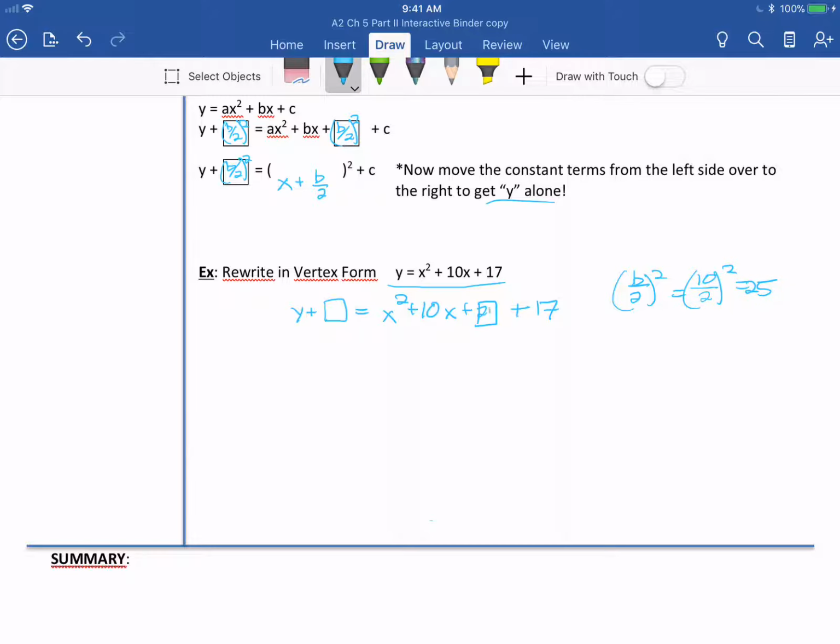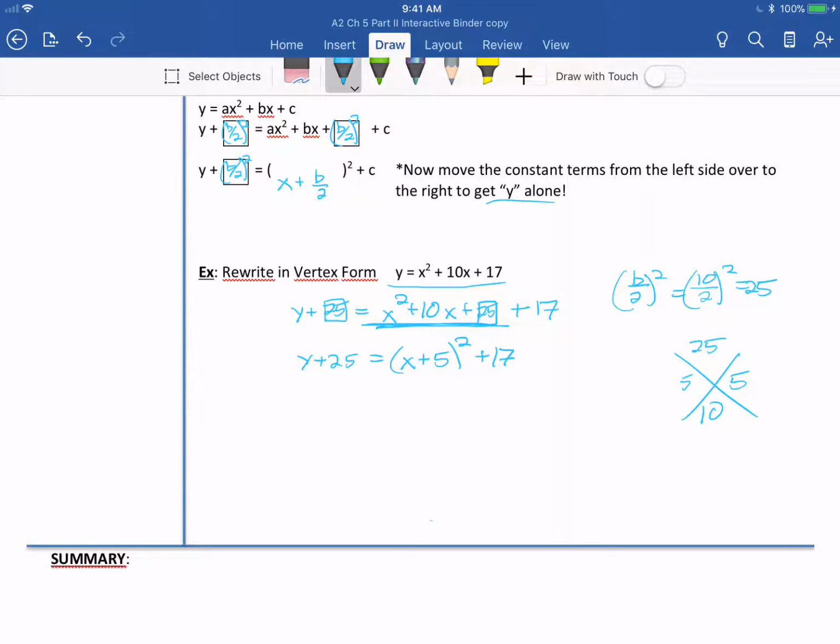So 25 goes into both those boxes. So now I have y plus 25 is equal to, and now I can factor this right here. As I factor that, 25 goes on the top, 10 goes on the bottom. Two numbers that multiply to 25 but add to 10 are 5 and 5. So now this turns into x plus 5 squared, and then plus 17.